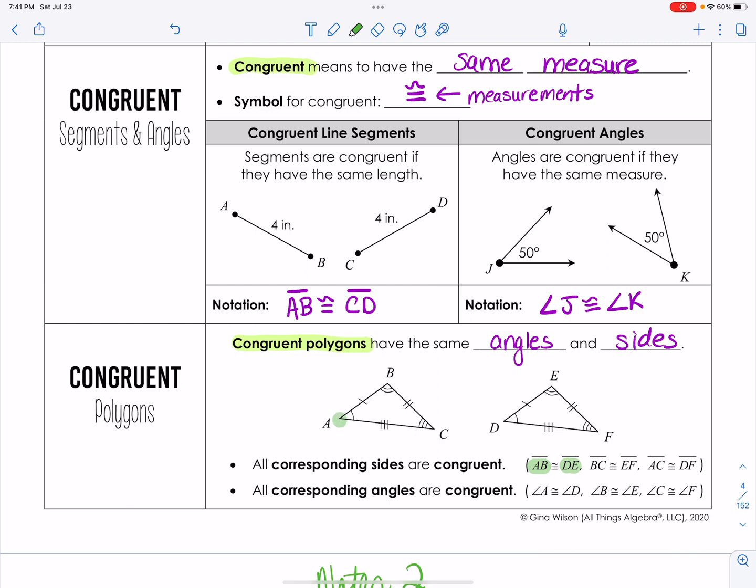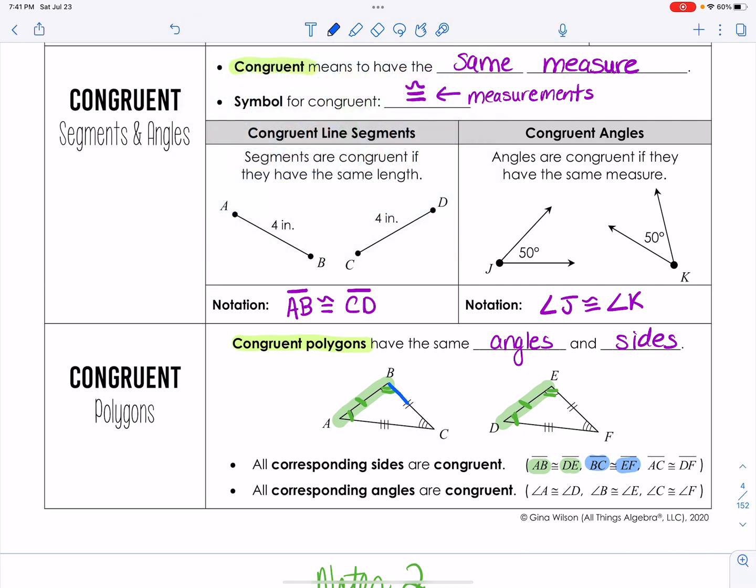So if I follow AB and it's equal to DE, if you notice the angles, they both have 1 line here, and A and D match up because those angles are equal. And then I have 2 little things and 2 little things here. Those match up, so those are equal. Then the next one says BC is congruent to EF.